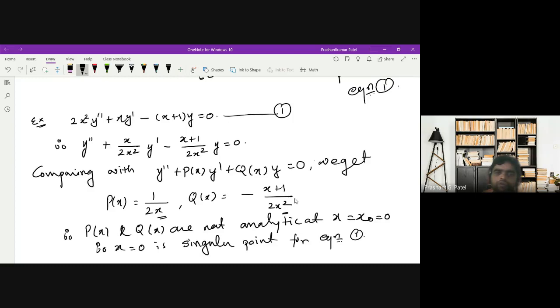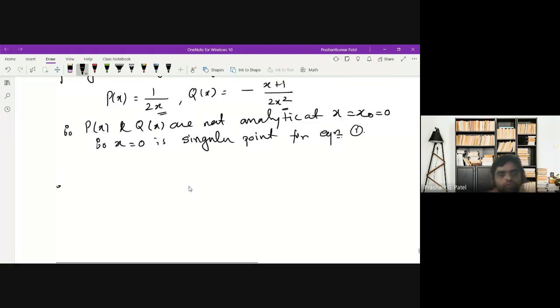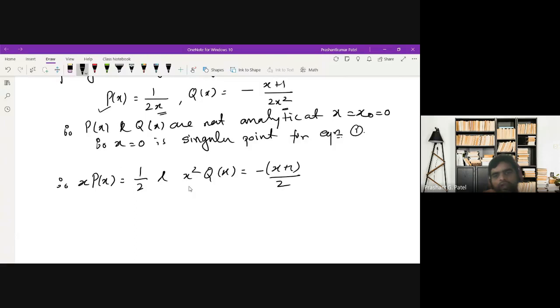Now we have to check whether x equal to 0 is a regular singular point or not. For that you have to compute x into p of x, which is 1 by 2, because when you multiply p of x by x it is left with 1 by 2, and x square q of x will be minus (x plus 1) by 2, because x square is multiplied with q of x.